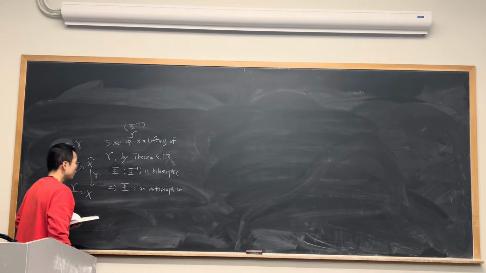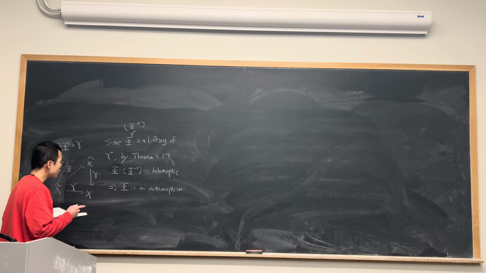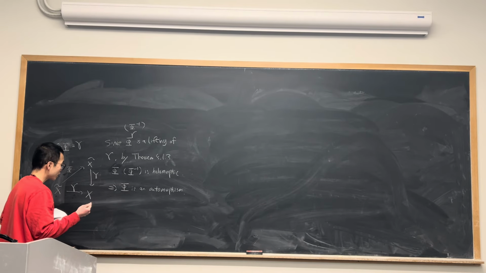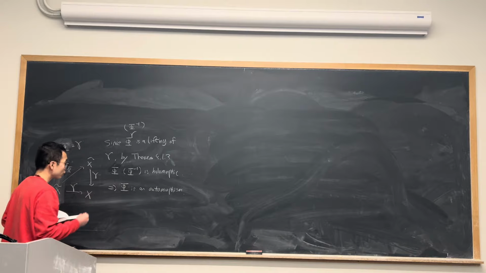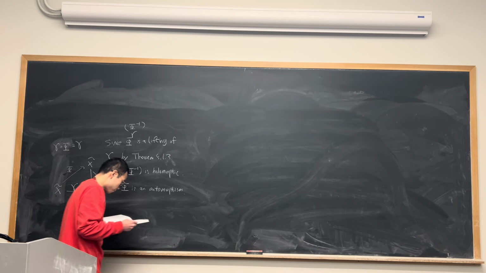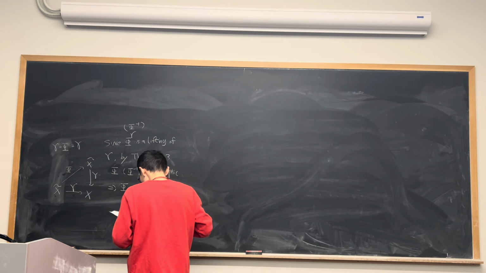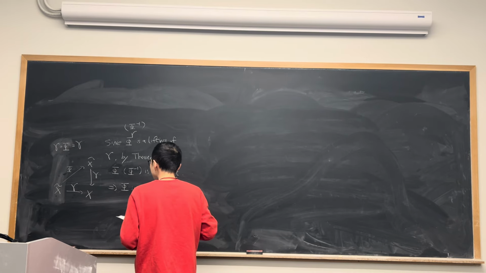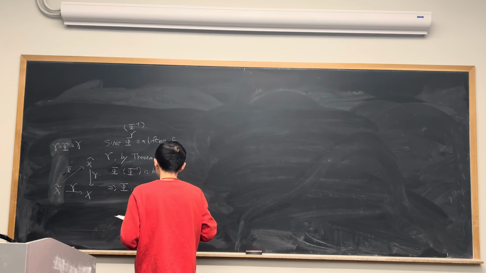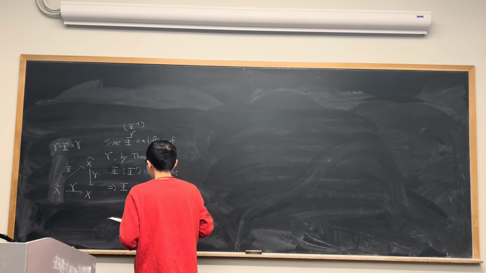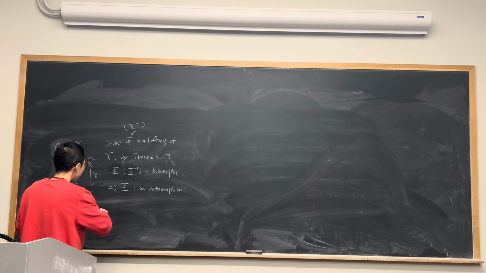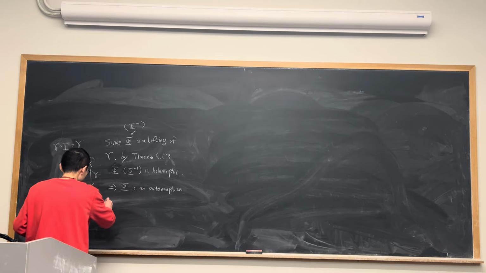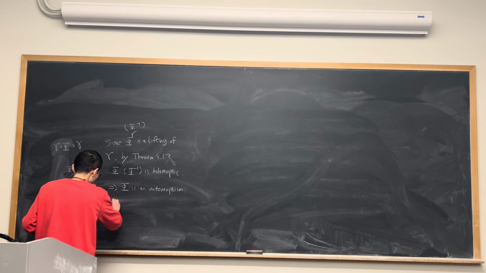So it is a bijection, it is holomorphic, and it has a holomorphic inverse. Therefore it shows that it's an automorphism. So what do we try to show right now?